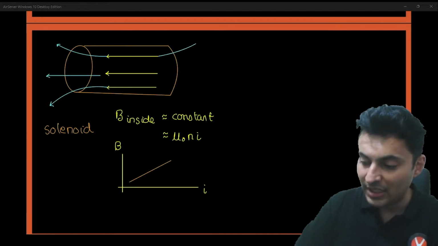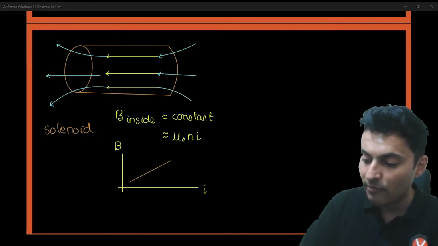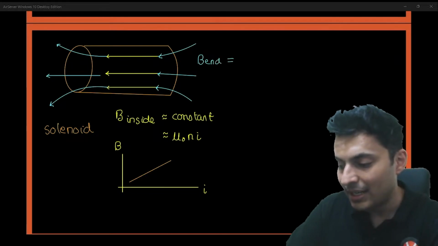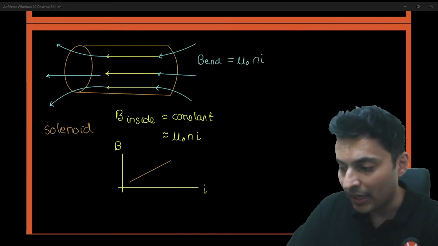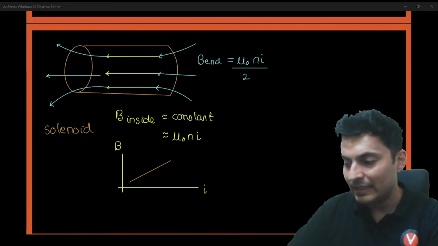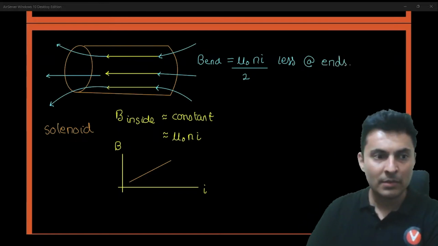So because of this, the magnetic field at the end will be slightly less. In fact, it is mu naught N i divided by 2. It is less at the ends. Keep this in mind.